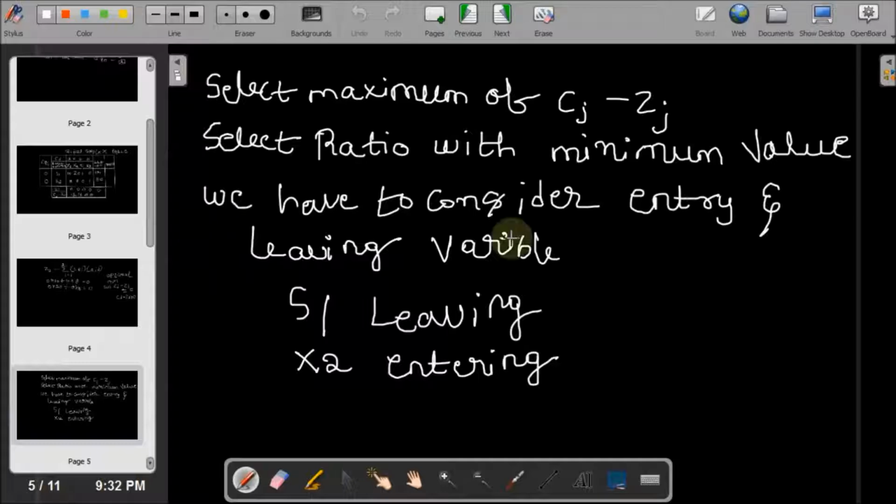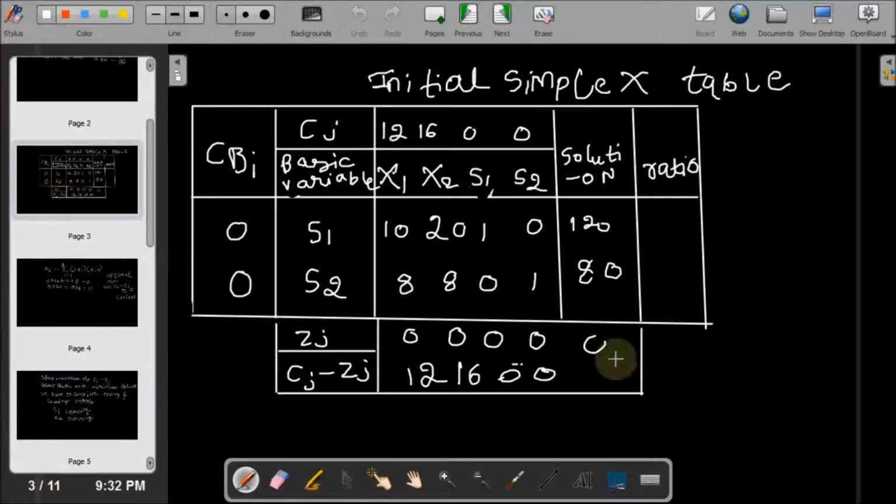Before the first iteration, you have to select the maximum of cj minus zj. What is the maximum value of cj minus zj? 16.